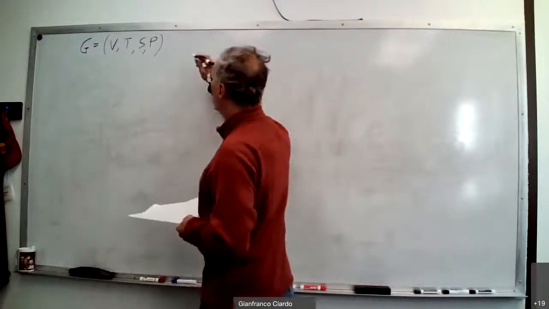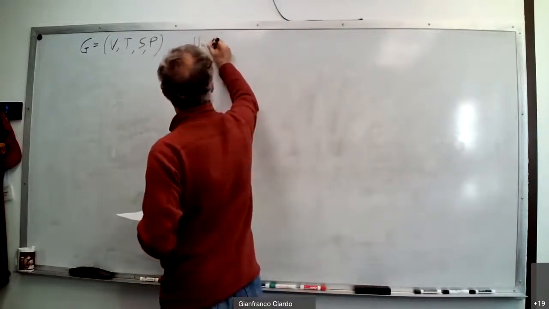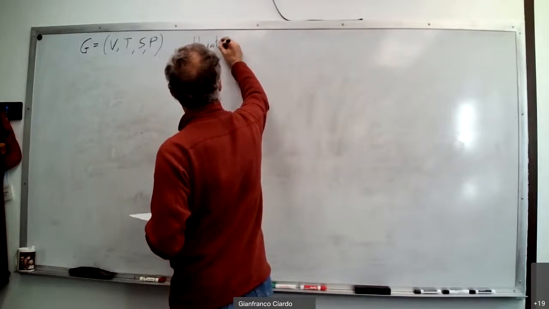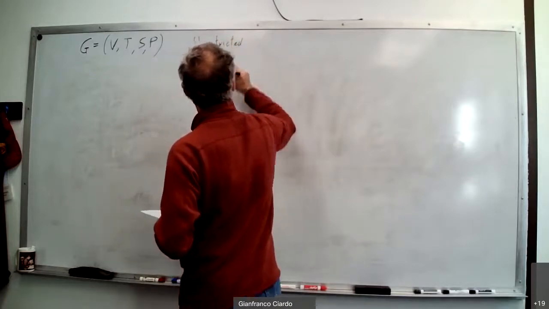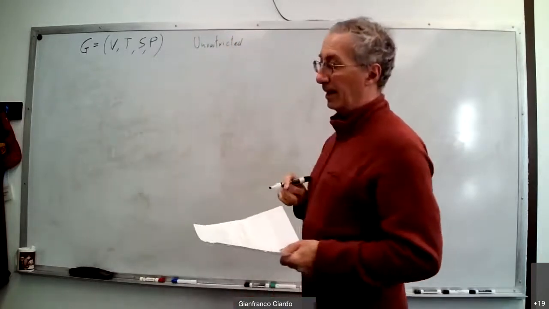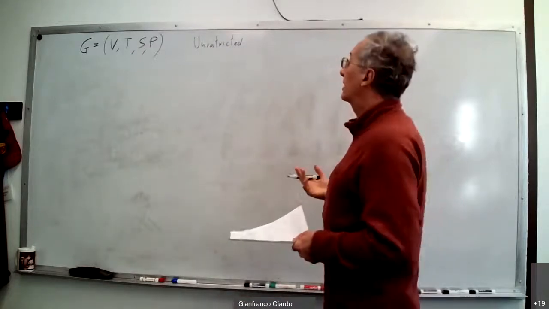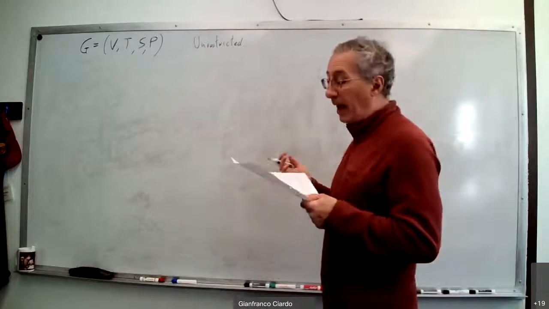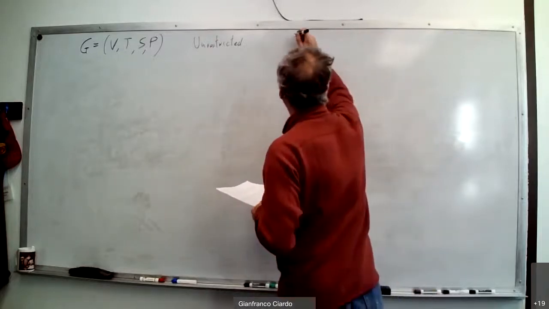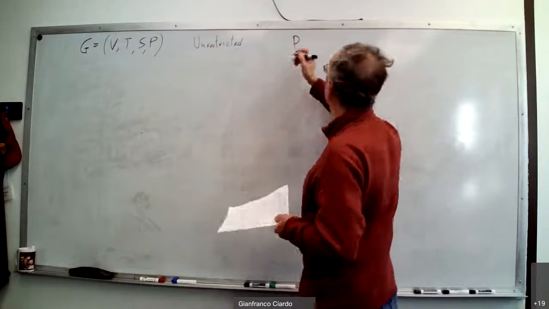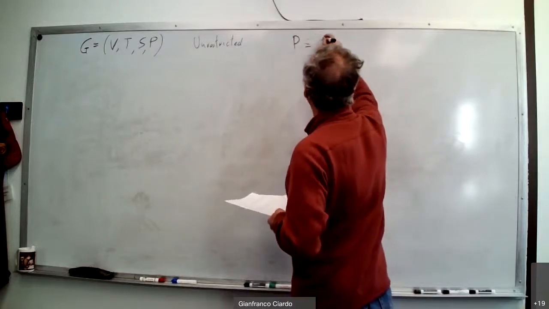So for unrestricted grammars, well, the productions are unrestricted in the sense that the only restriction is that they must contain a variable on the left-hand side. So we can write it as this.